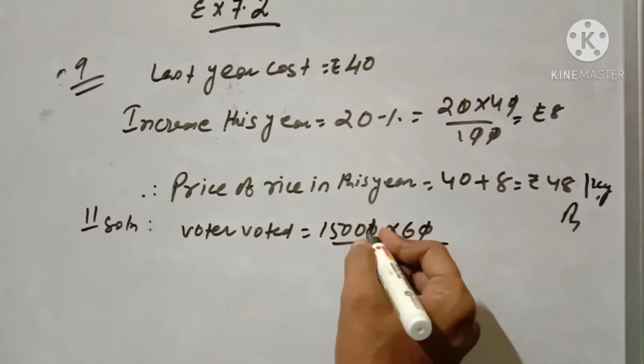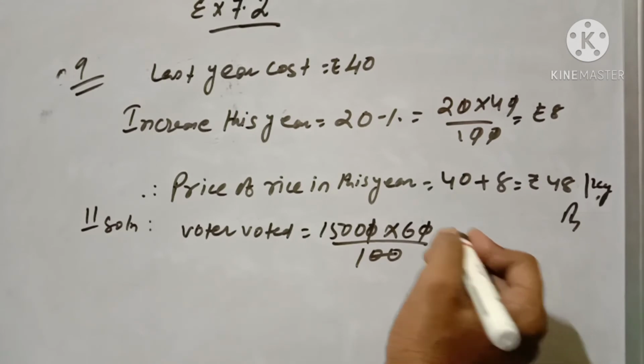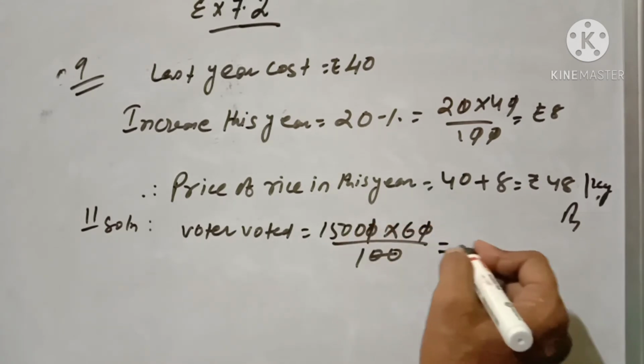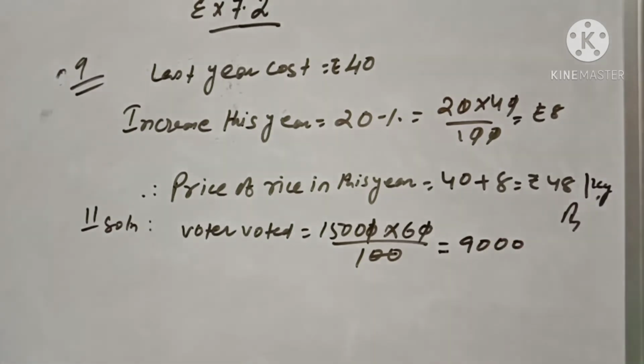So we can write, that is 6 15s are 90, and 2 more 0s. So 9,000. So what do we have to find? We have to find the number of voters who did not vote.